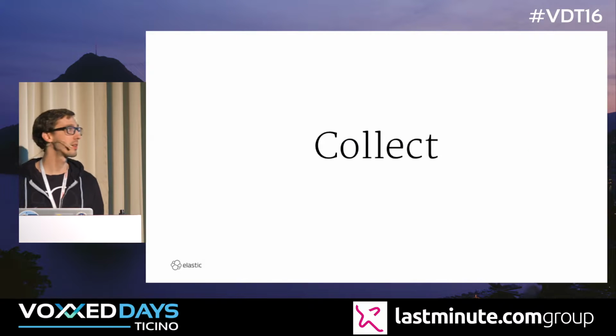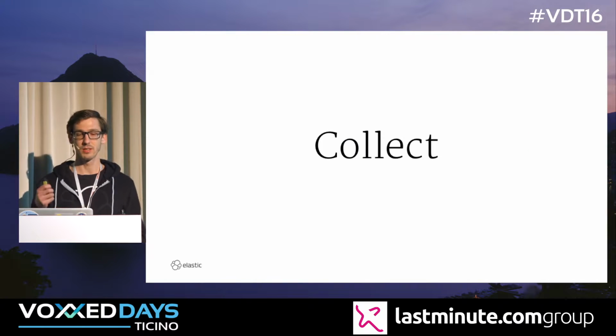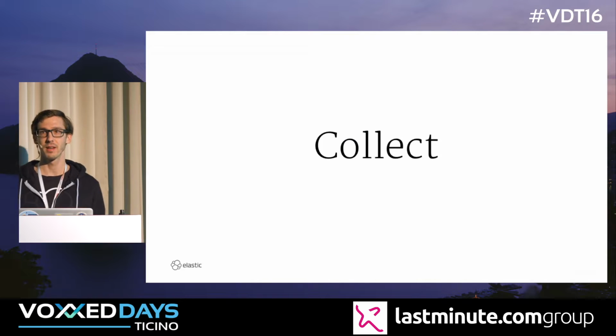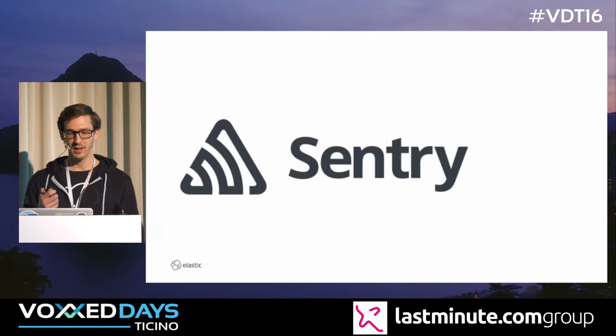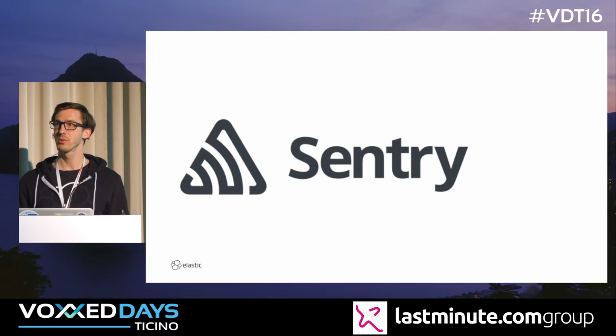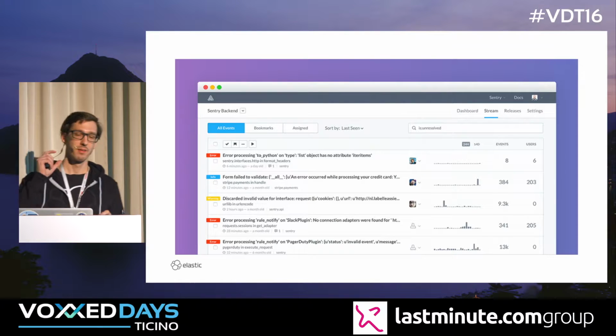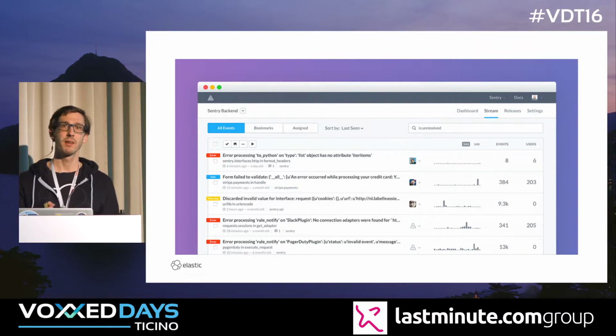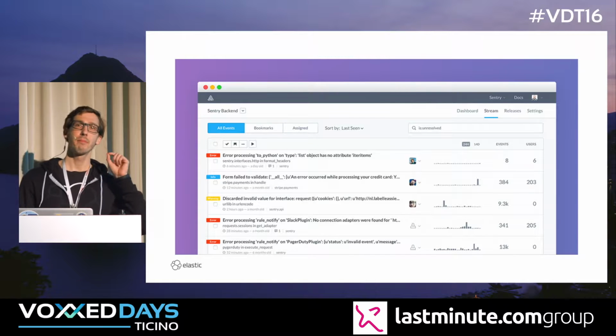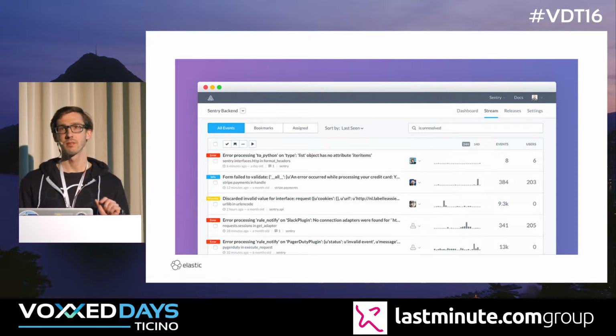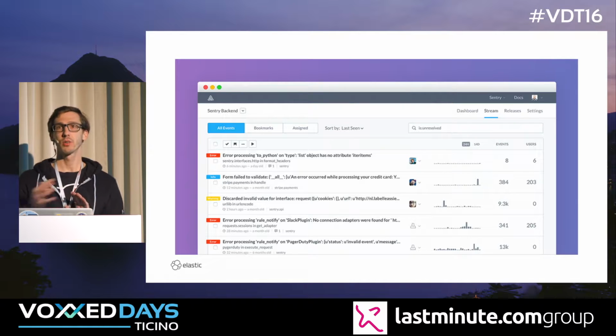Secondly, what is also very helpful is collecting stuff and keeping an eye on it. There's one product I like that's called Sentry. Anybody using Sentry? Sentry is pretty cool. Whenever you have a log statement, either error, warn, info, whatever, Sentry will pick that up, but it can aggregate those because it knows it happened in this line of code with this error message, and it will correlate those.